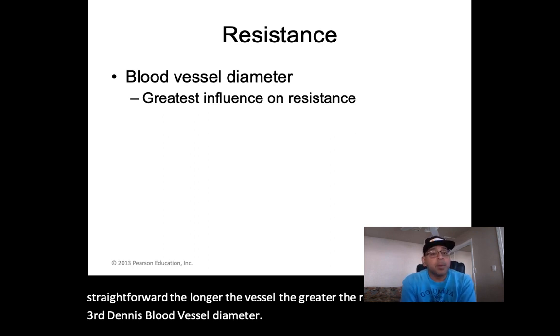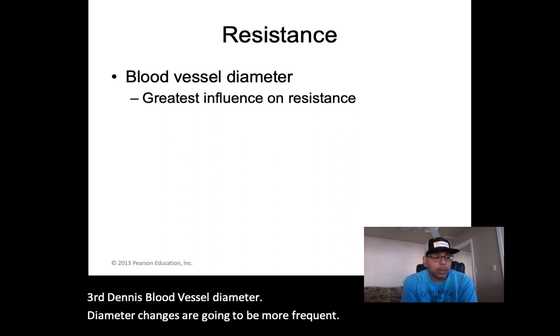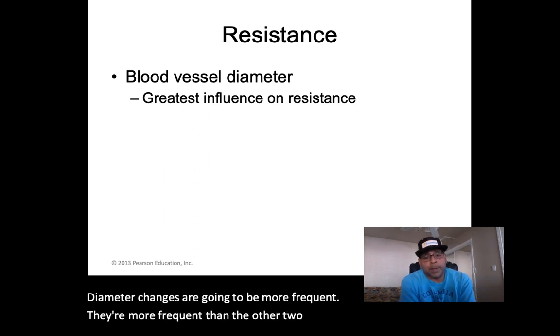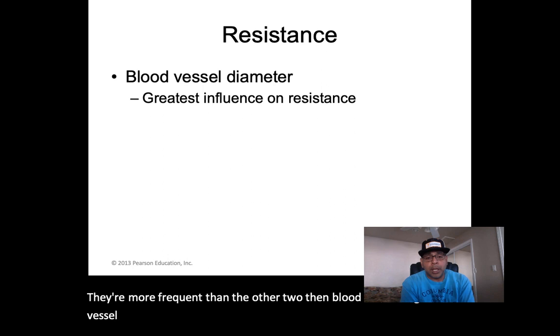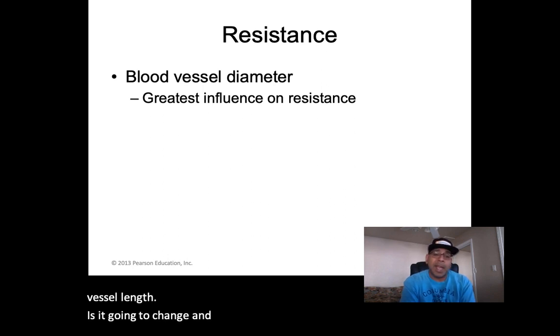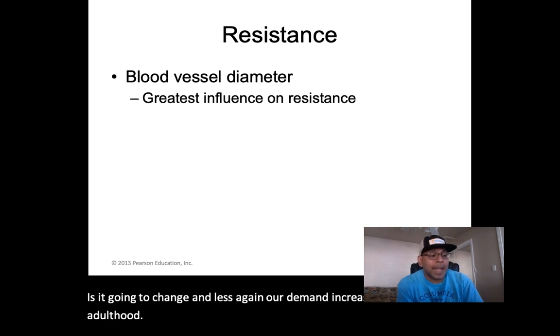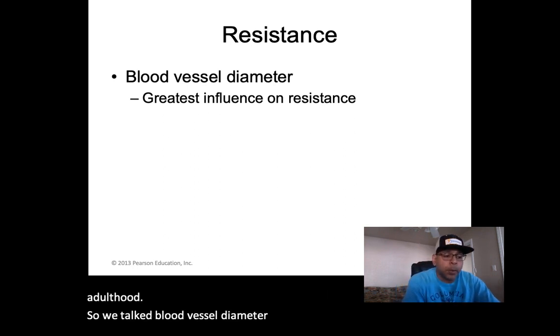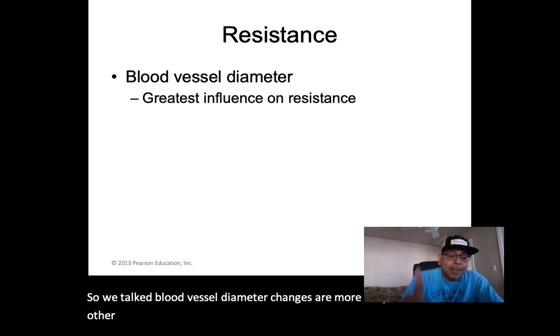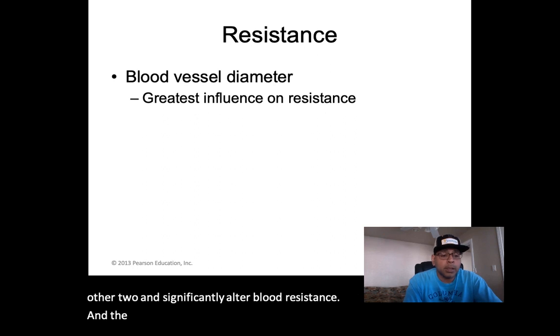Diameter changes are going to be more frequent than the other two. Our blood vessel length isn't going to change unless our demand increases, now in adulthood. So diameter changes are more frequent than the other two and significantly alter blood resistance.